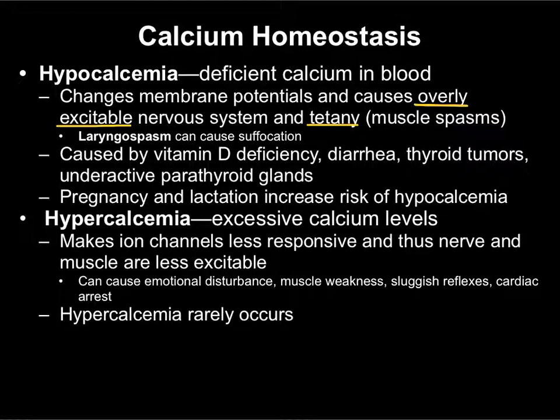This is a term that we'll talk about more when we talk about muscles, but it's basically when your muscles clench and then don't unclench. Muscle spasms, cramps, things like that. If this happens in your leg or your arm, it's really, really painful, but probably not life-threatening. On the other hand, if it happens in your larynx, it can basically shut off your airway and cause suffocation. If it happens in your diaphragm, it can prevent you from being able to breathe.